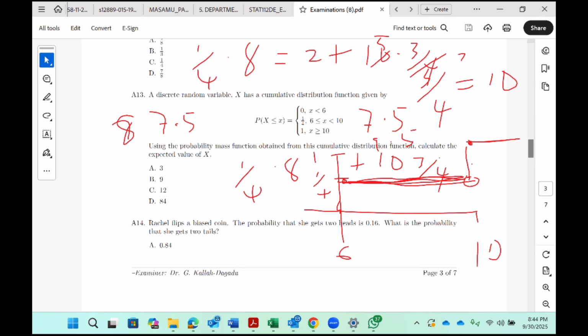So what we should be getting should be B, approximately 9. So the expected value for this one will be approximately 9.